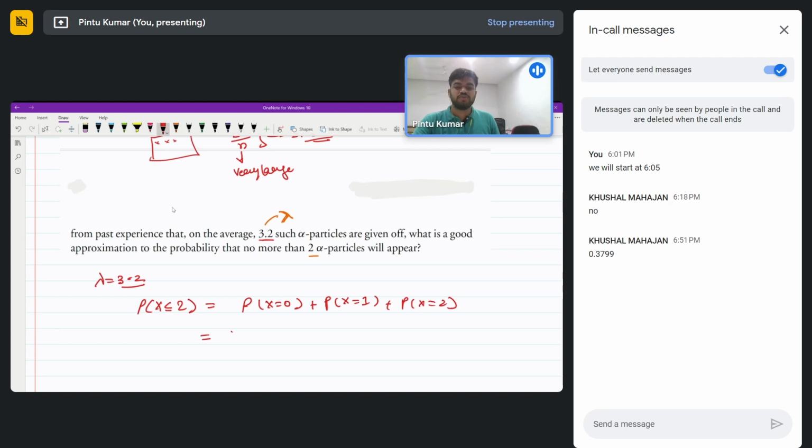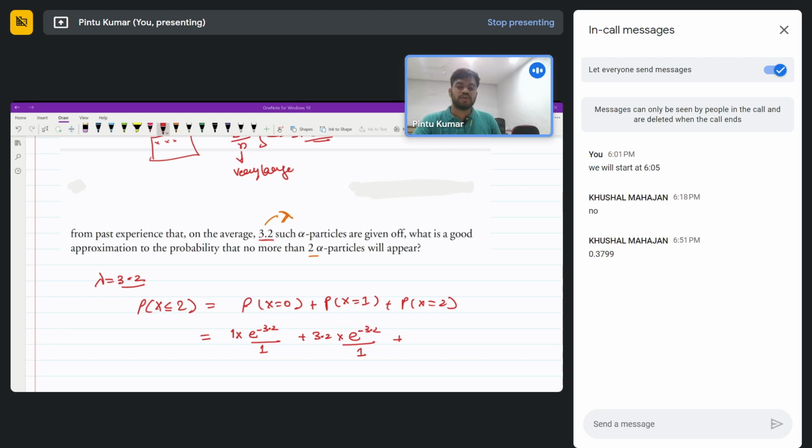Lambda to the power 0 is 1, into e to the power minus 3.2, divided by 0 factorial, which is 1, plus 3.2 into e to the power minus 3.2, again divided by 1.